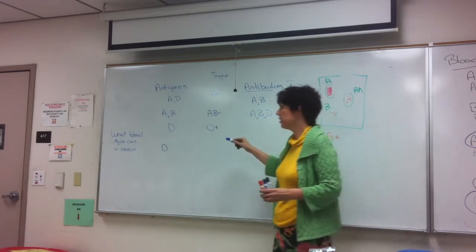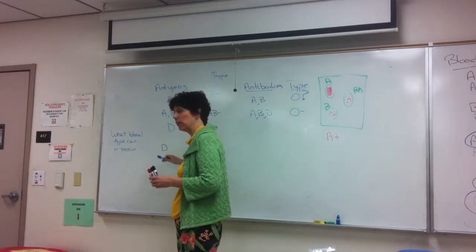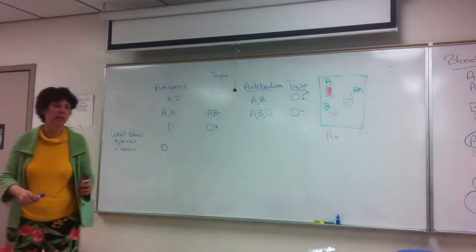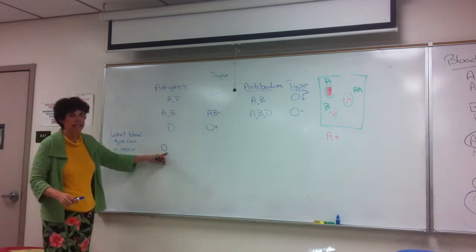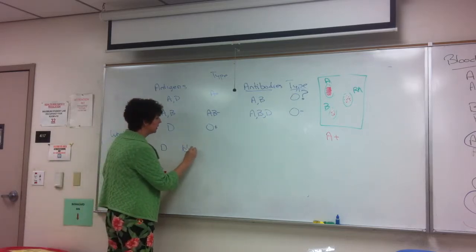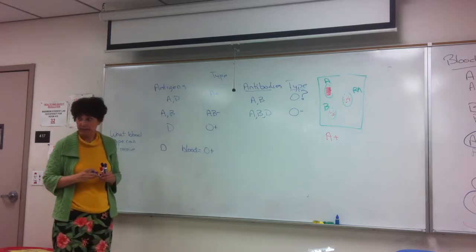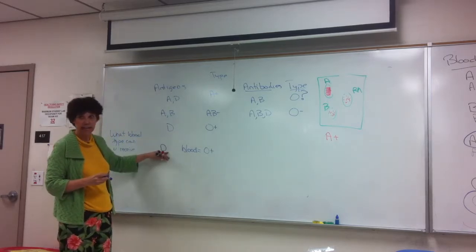To determine this, you need to know what antibodies you have. So the best way is just go through in sequence, don't jump ahead. So if you have the antigen D, what's your blood type? O plus. So your blood type is going to be O positive, correct? That's the only antigen you have.